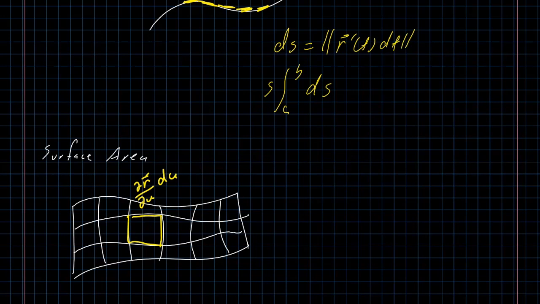And the length on the other side is going to be partial r partial v dv. And so I have tools for the two sides of this figure.